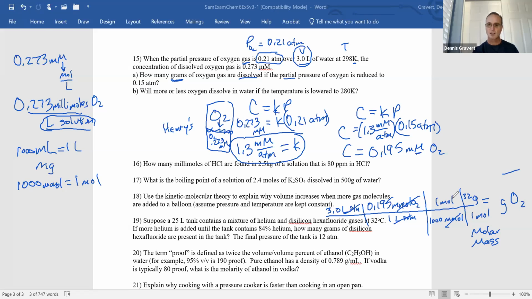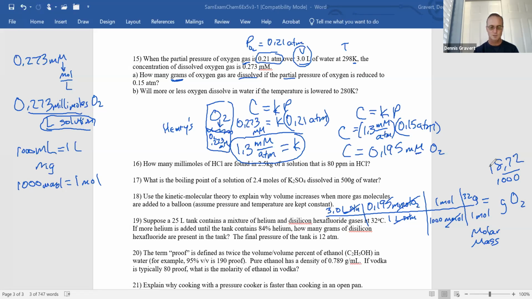And then multiply across your top. So my calculator already says 0.195. Multiply it times 3. Multiply it times 32. So across the top, I got 18.72. And across the bottom, I multiply 1 times 1,000 times 1, so the denominators all multiply out to 1,000.